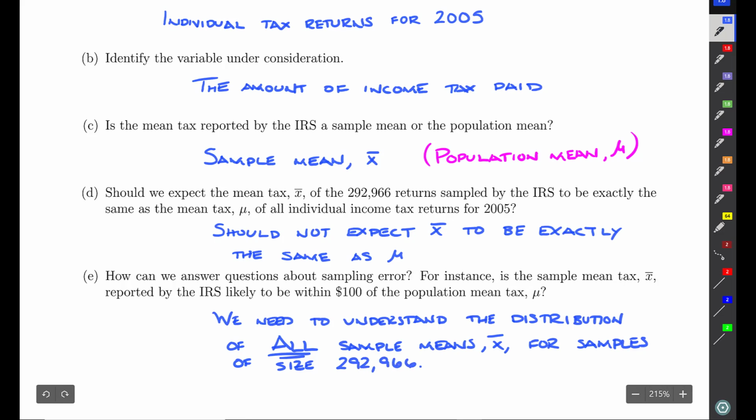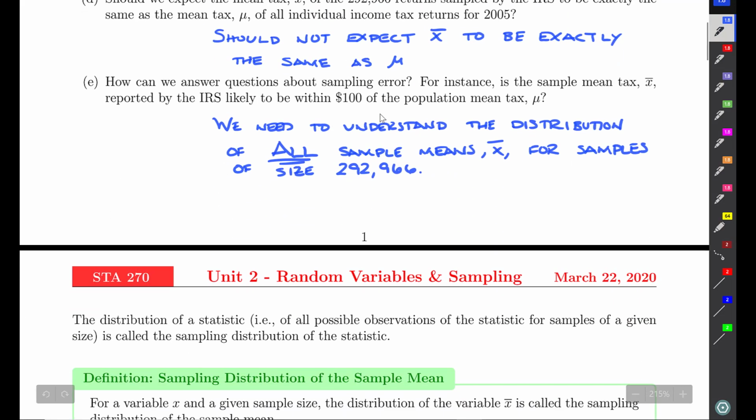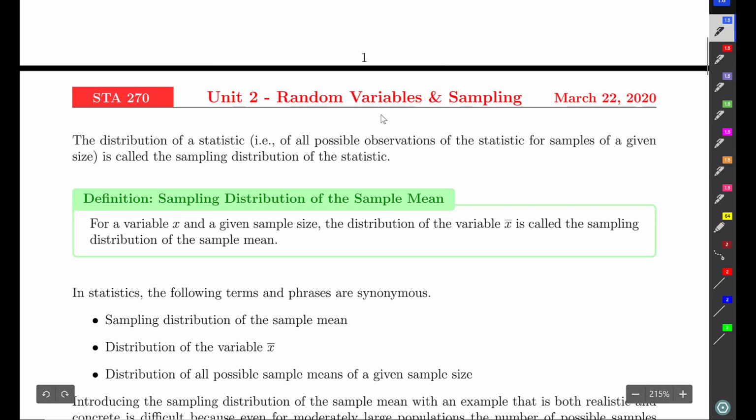Without knowing that, we can't really make too many assumptions about the values. But what we're talking about here in Part E is what's called the sampling distribution of the sample mean. So we're taking means of means, and we can get a better representation of what's going on with the specific samples and the population that we are investigating.